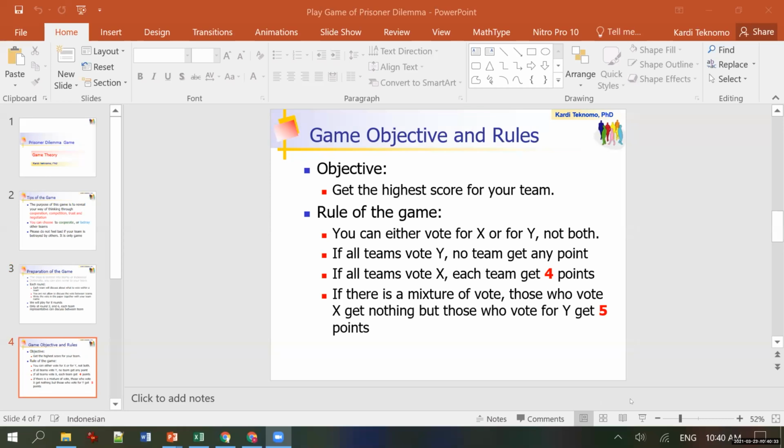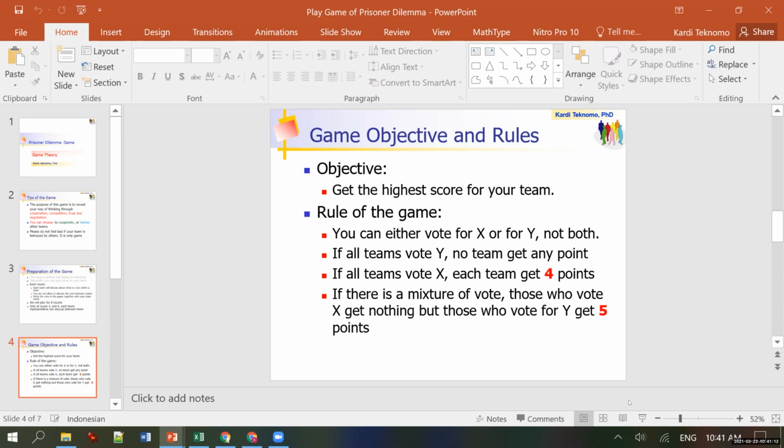Can you see it? Your objective is to get the highest score for yourself, because you are a team of individuals. The rule of the game: you either vote for X or for Y, but not both. You chat with me and then tell X or Y. That's it. Simple. If all teams vote for Y, no team will get any point.